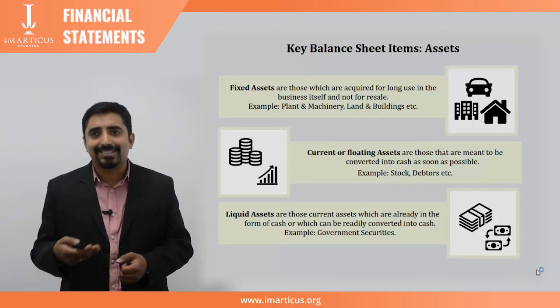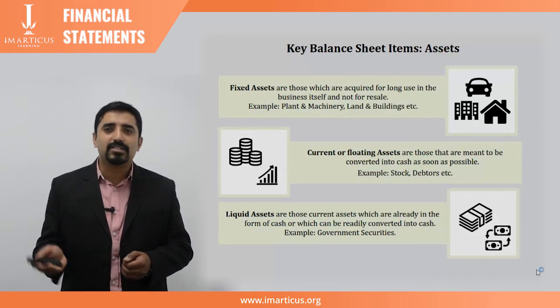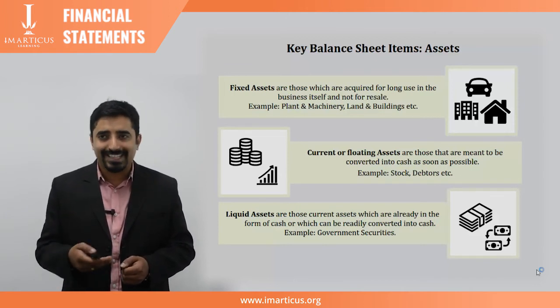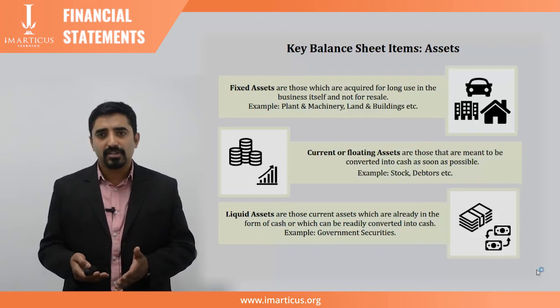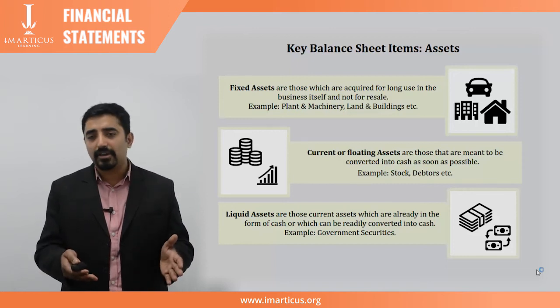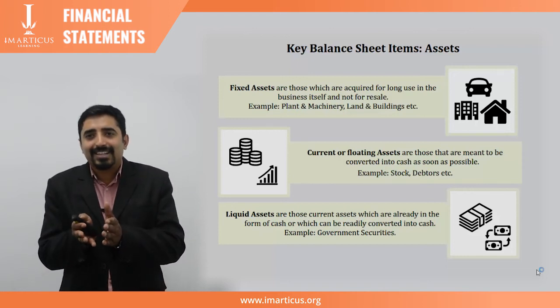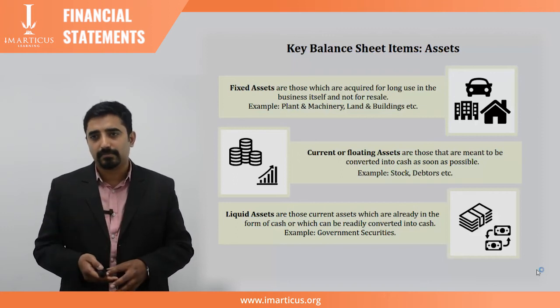Liquid assets are assets which are already in the form of cash or which can be easily converted into cash. Some examples of liquid assets are cash, treasury bills, money market instruments or any money market investments, bank balances. Now, current assets and liquid assets together, you can call it your total current assets.